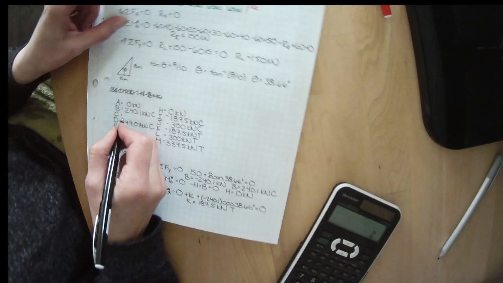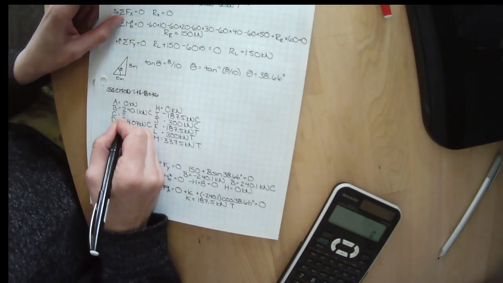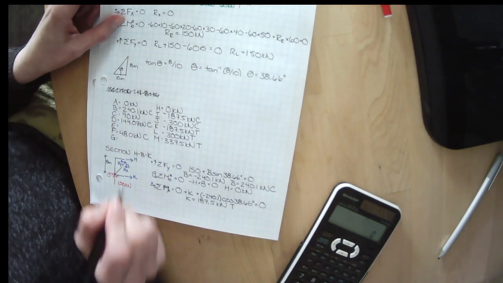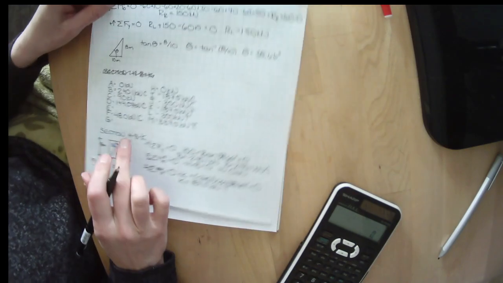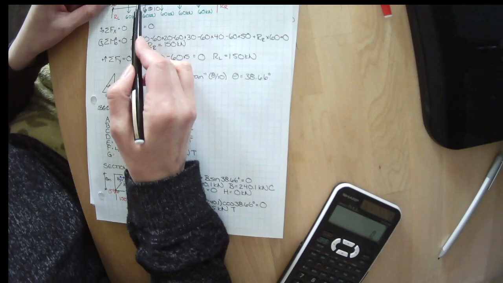So now we have the value for C. We can fill in C is 90 kilonewtons. We have E and G still to go. So let's make the cut for E. Let's do the same thing.